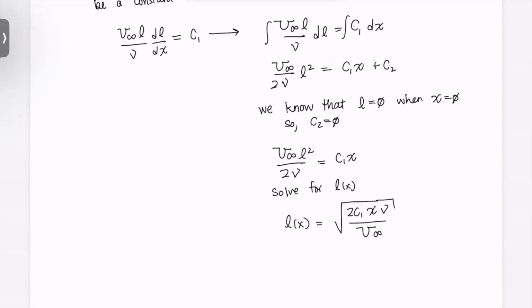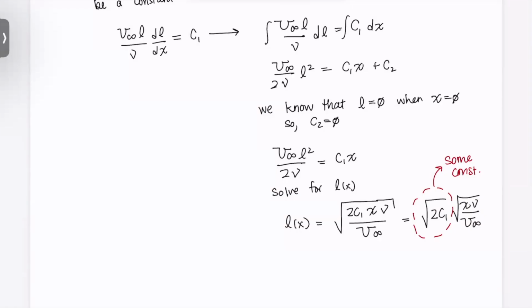And then I'm going to note that I can rewrite this as the square root of 2C1 times the square root of x times nu over U infinity, where this factor out front is just some constant that will depend on whatever C1 is, right?